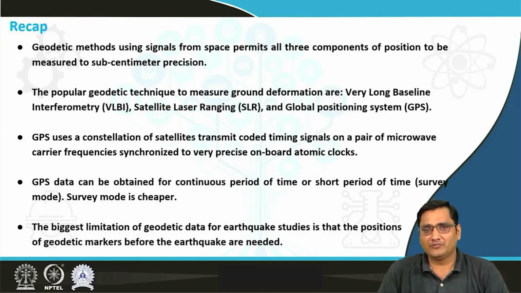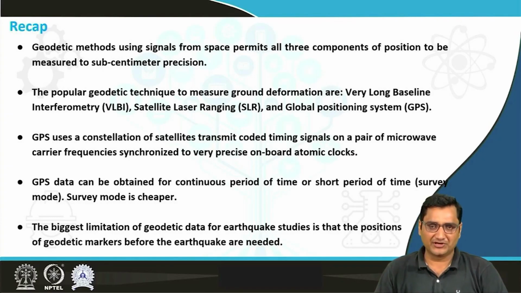In the continuous mode, we continuously record the data by keeping the GPS instrument in one place for maybe months or years. In survey mode, we keep the instrument for a short period of time, then we revisit the place after some time. The survey mode is considered to be cheaper.